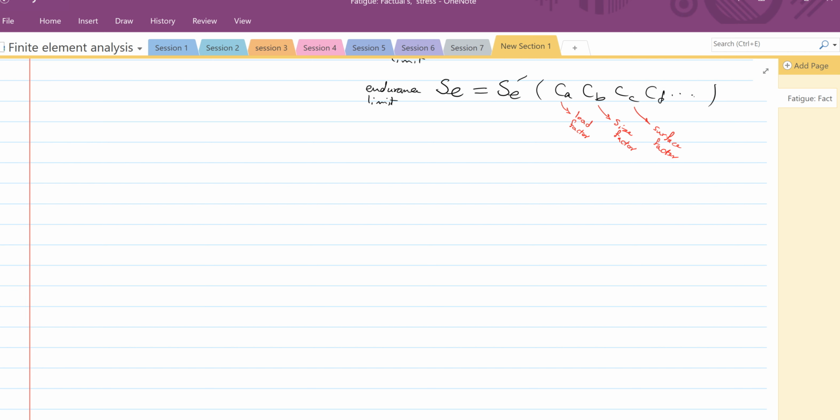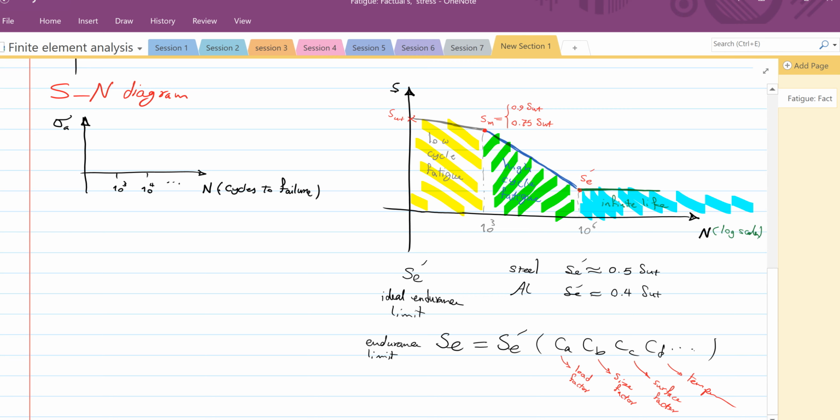If the quality of the surface is lower, you may have 0.7, 0.4, 0.2, which is going to affect your endurance limit. Or this one could be temperature. At higher temperature, you are going to have a lower endurance limit. So based on the temperature, depending on the material, you are going to have these correcting factors. And those factors are going to result in your endurance limit.